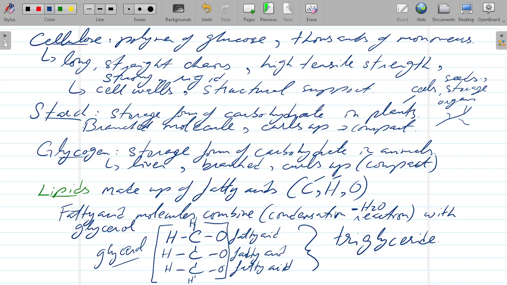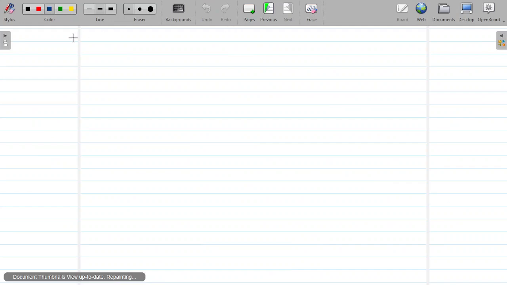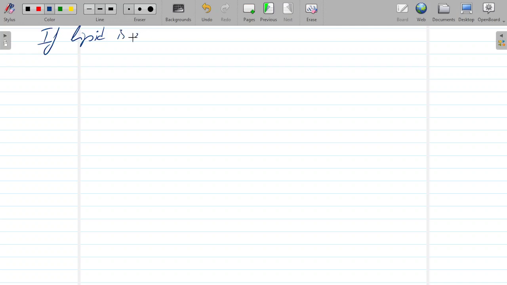Now, if the lipid is a liquid at room temperature, and we're talking about standard room temperature, so 25 degrees, it's called an oil.